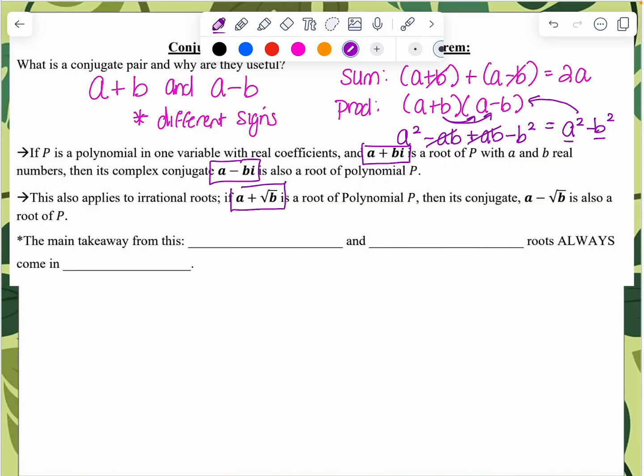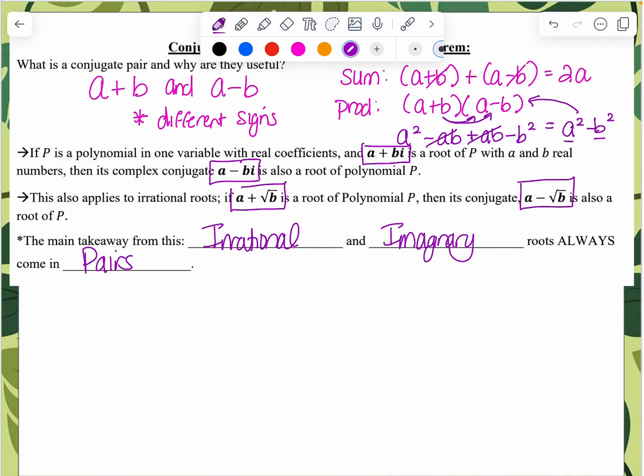So a plus the square root of b always has a pair, and that pair is always a minus the square root of b. So the important takeaway from this, what we have to remember is irrational and imaginary roots always come in pairs. So even if you don't see the pair, you have to know that it's there.